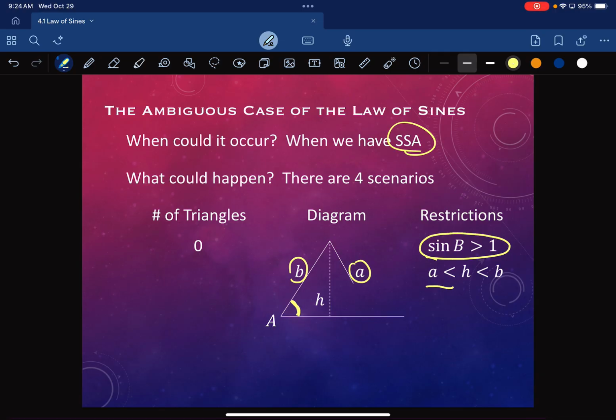When we did chapter 2, we looked at graphs. And do you remember our sine graph bounced up and down, right? It's a wave pattern, and it bounced between -1 and +1. True? So I can't get a sine value that's, say, 3. It's outside that range window, right? I can't get them. So anytime I'm getting an angle here that shows up as sine of B where I've got a value of sine that's bigger than 1, it's not going to work.